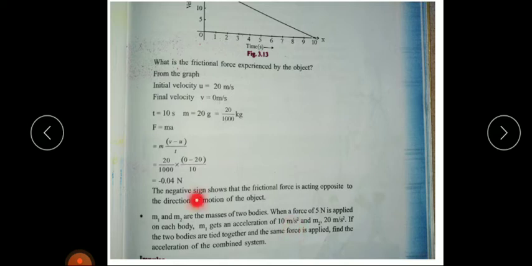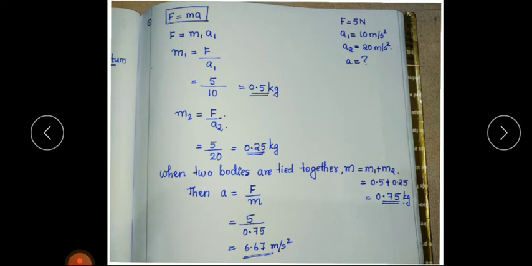And M2 gets an acceleration of 20 meter per second square. If two bodies are tied together and the same force of 5 Newton is applied, we have to find out the acceleration of the combined system.